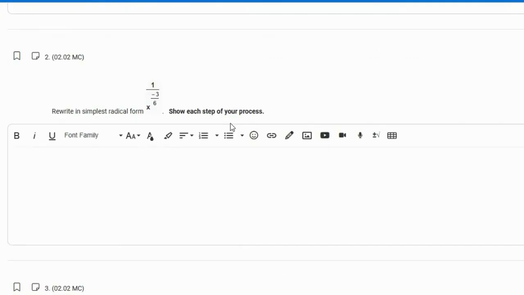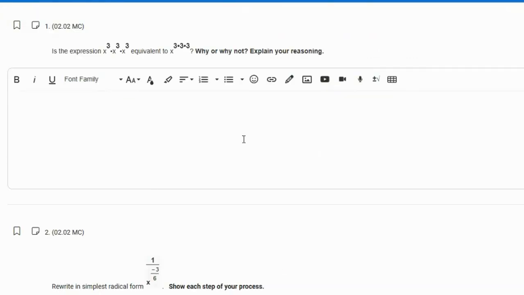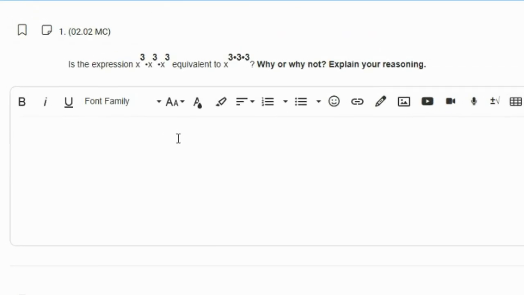Now here's what's important on this. When you get to these type of problems and you're typing, say, x to the third times x to the third times x to the third, this is going to get to be a real mess.